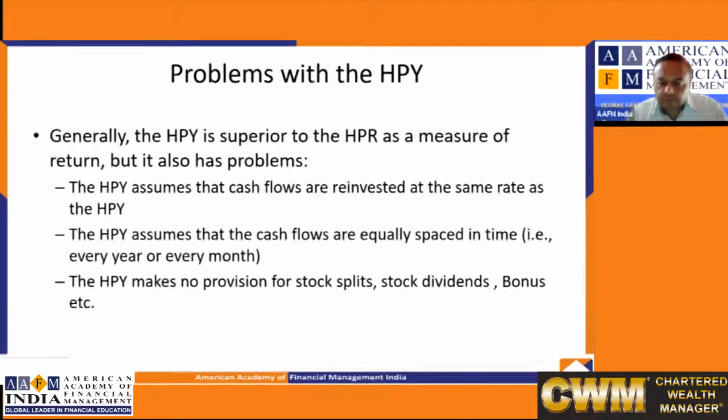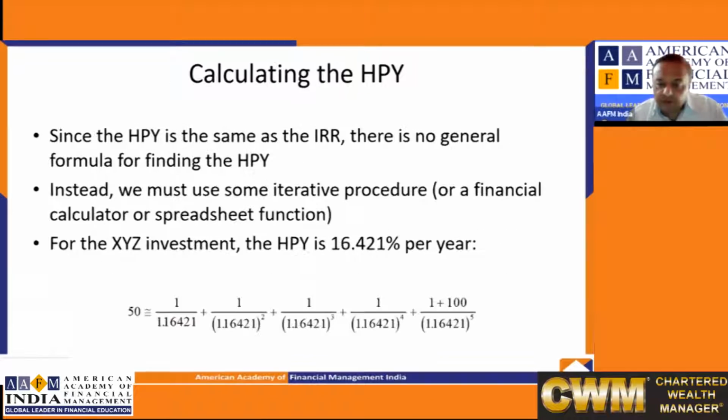So what are the assumptions of calculating IRR? First is that all intermediate cash flows are reinvested at IRR, and this is something which you should understand. Let me highlight this: it is assuming that this 1 rupee got reinvested at 16.42% for the next 4 years.